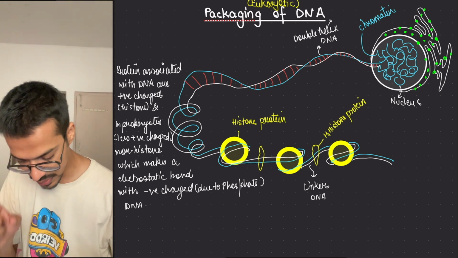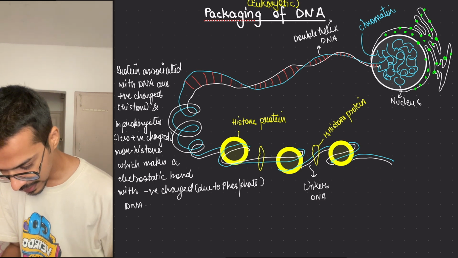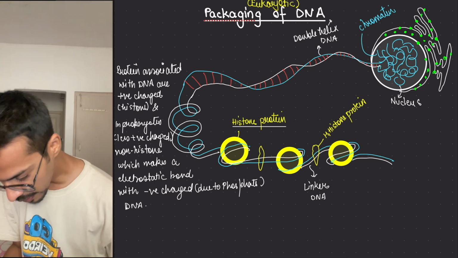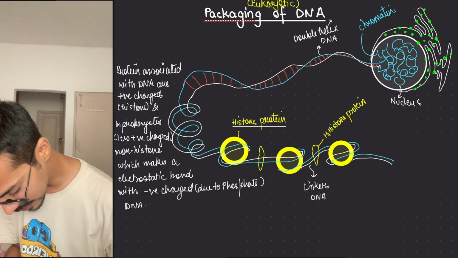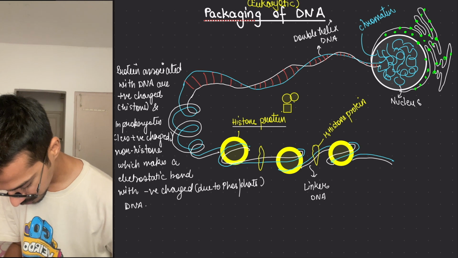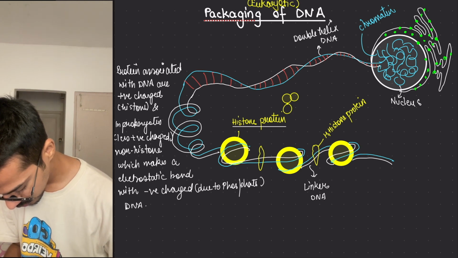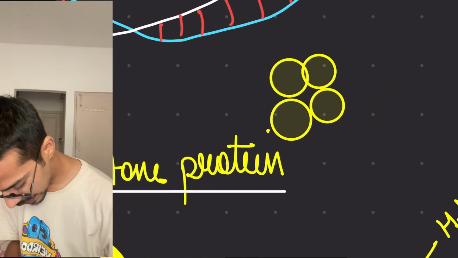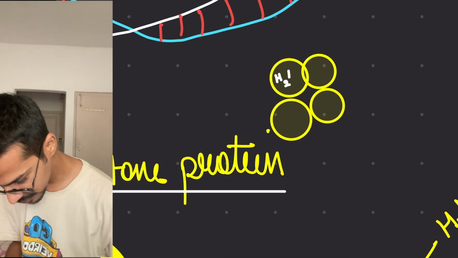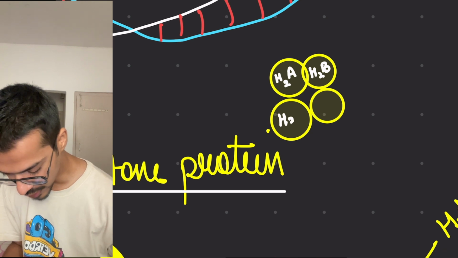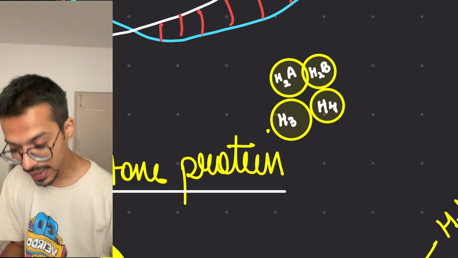Okay, and this histone protein, where I'm talking about, it is a new body. Why do we call it a new body? Because it's an octamer. It looks something like this if I have to make it. So it has H2A protein, H2B histone protein, H3 protein and H4 protein, that too in double.